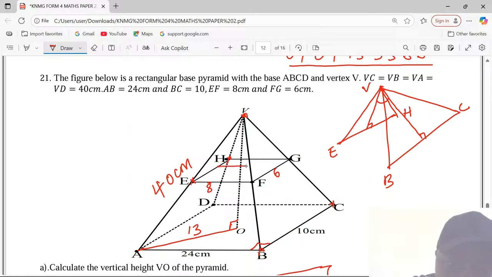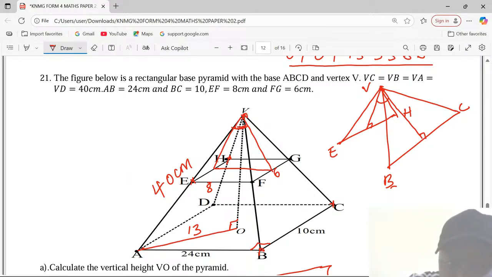I first draw a line through the base of the smaller pyramid, like that. Then we need the angle to the top here.